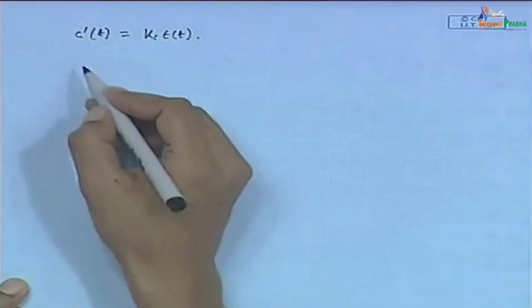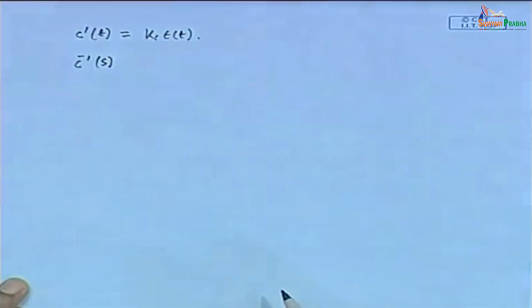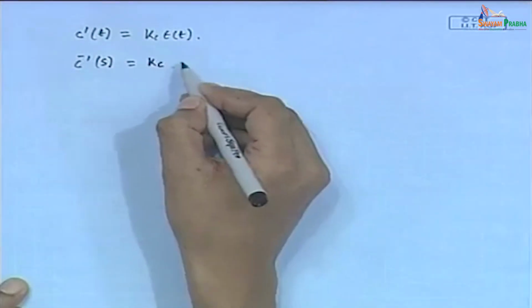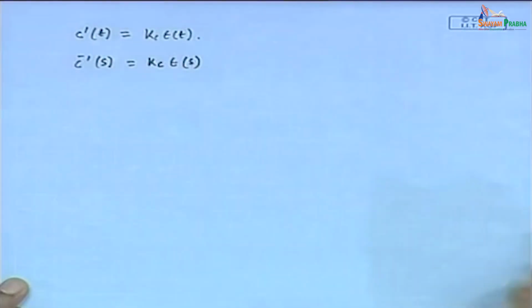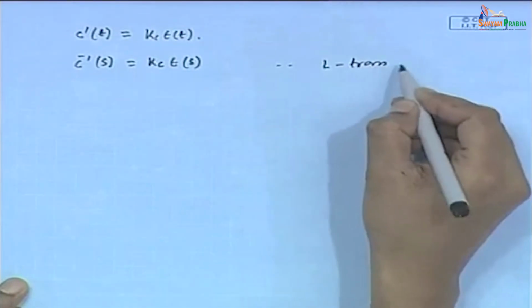Now if we take the Laplace transform of this, then we obtain C prime bar s equals Kc epsilon bar s.